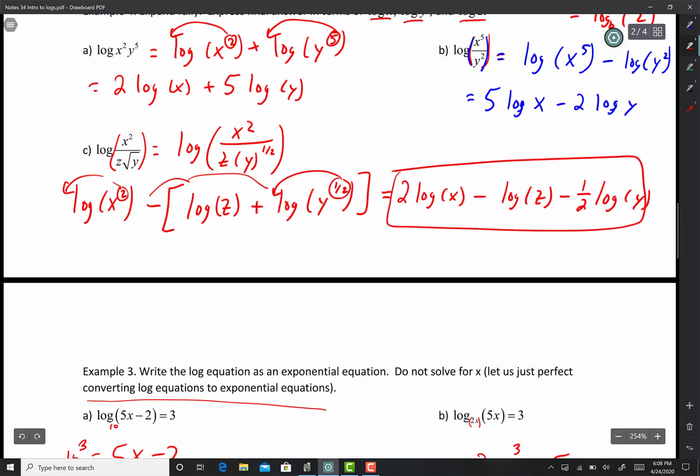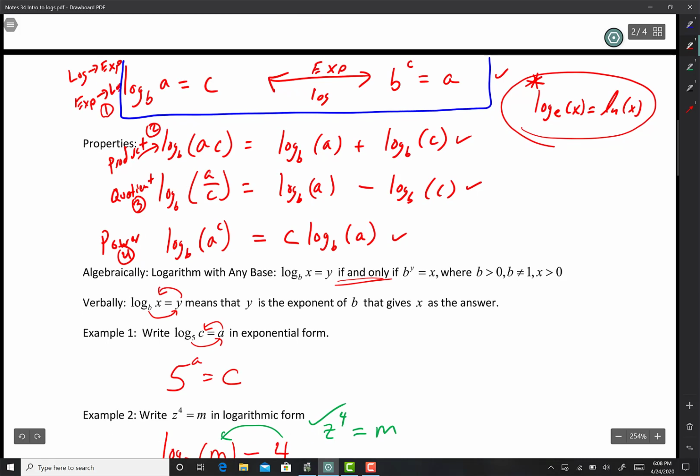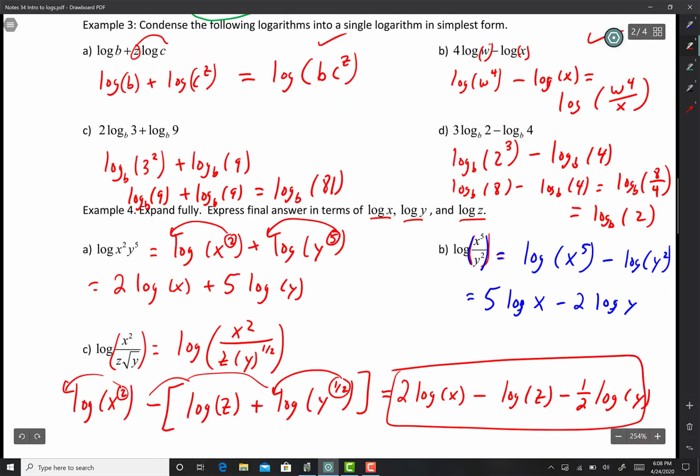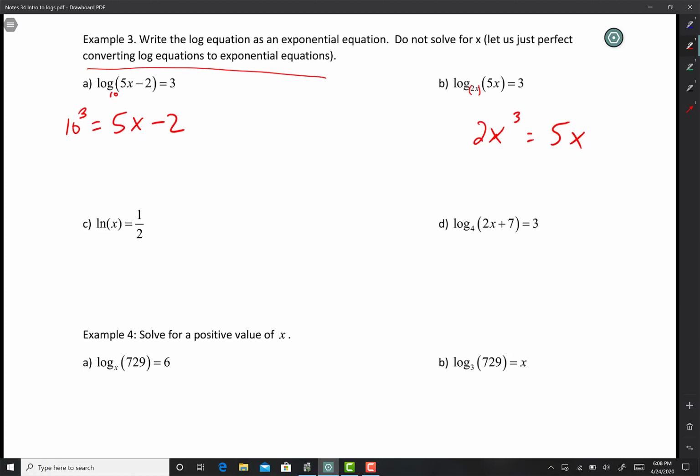Ln. We said earlier that log base e of x equals ln of x. I didn't think I was going to put that in there. I had forgotten that I had typed it in. Maybe I should have written it for the next assignment. But since it's already here, let's convert ln x, guys. Side note, log base e of x equals ln x. Then we're going to convert this.